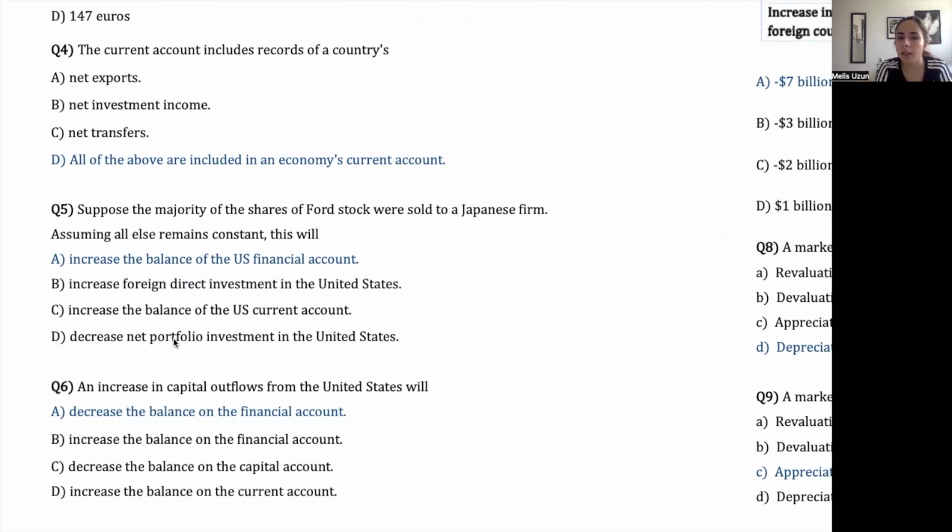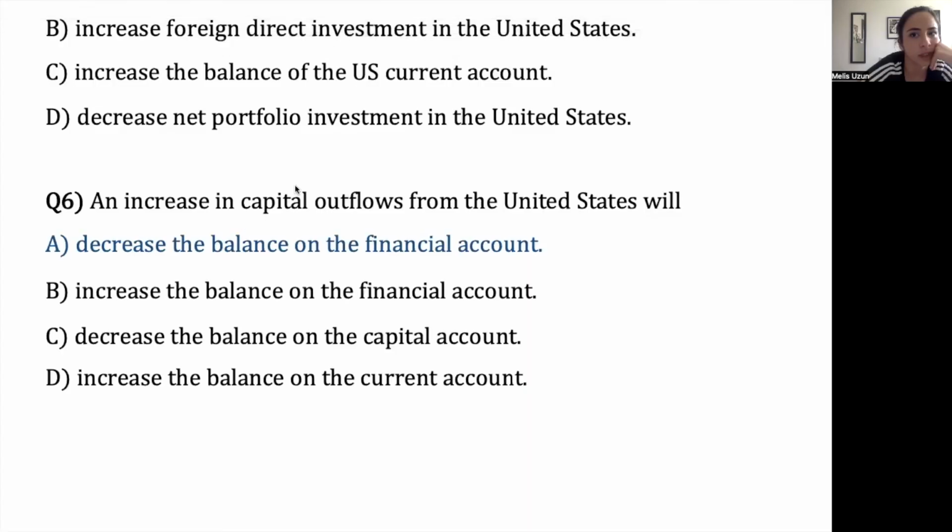So it will increase the balance of the United States financial account. So because there is an increase in the capital outflows from the United States, there will be a decrease in the balance on the financial account.